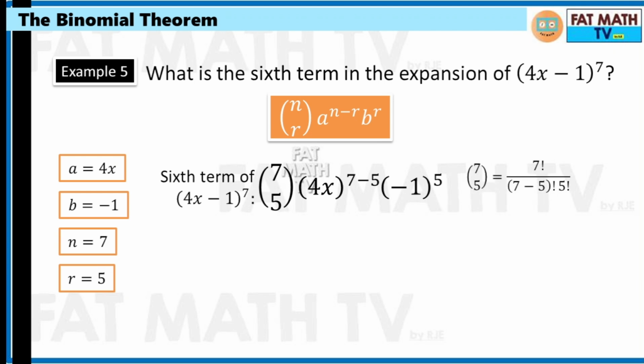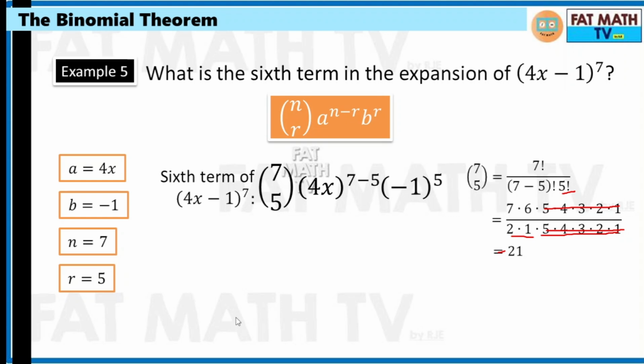7 choose 5 is 7 factorial over 7 minus 5 factorial, 5 factorial. And 7 minus 5 is 2. So 2 factorial is 2 times 1. And then for the 5 factorial, we have 5 times 4 times 3 times 2 times 1. We can cancel this. And that can be 42 divided by 2 is 21.